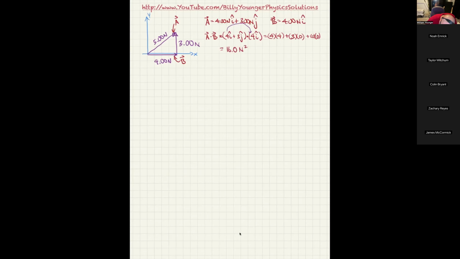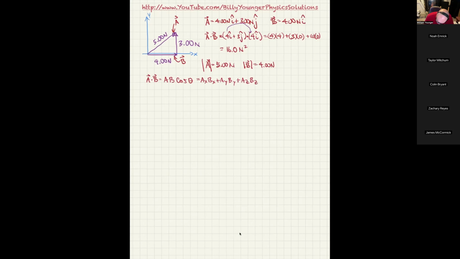Now, the magnitude of A we know is 5.00 newtons, and the magnitude of B we know is 4.00 newtons. So what we know is A dot B is equal to AB cosine theta, but it's also equal to AX BX plus AY BY plus AZ BZ.